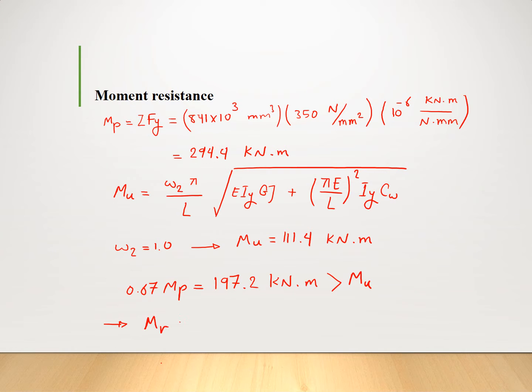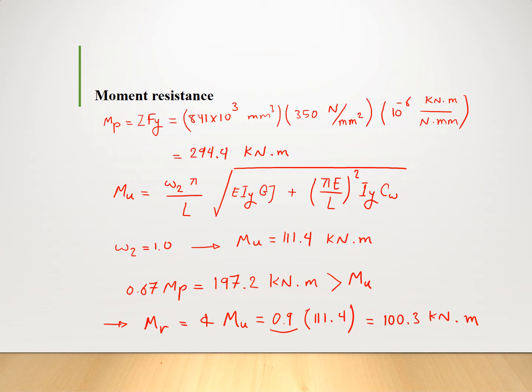Then the resisting moment is calculated by phi times Mu, which is equal to 0.9 times 111.4, which will be 100.3 kilonewton times meter.